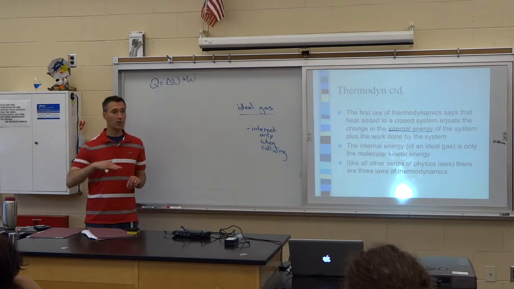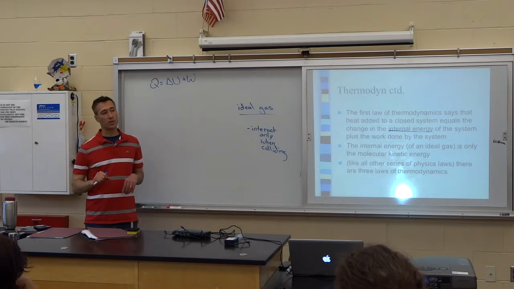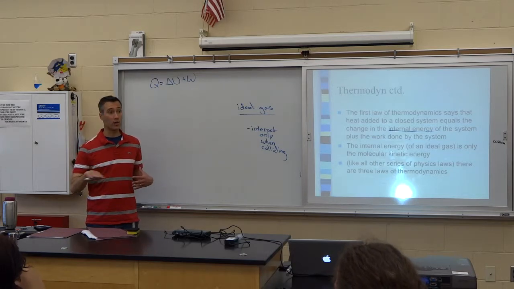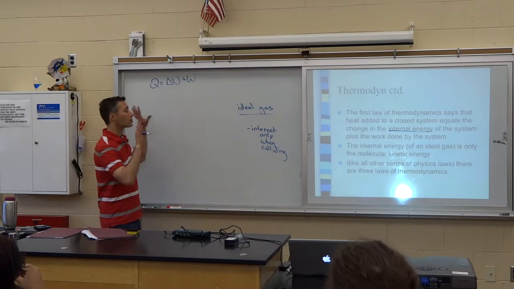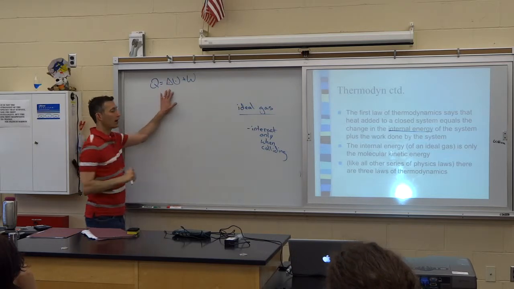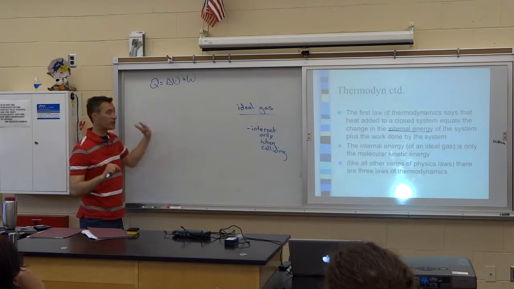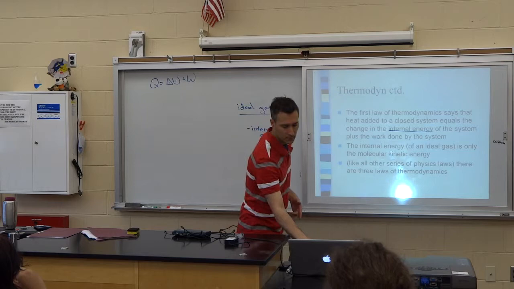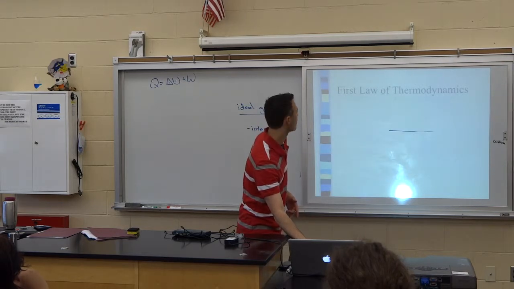So there is no potential energy. All of the internal energy of an ideal gas is in the form of kinetic energy, no potential energy at all. So if we're dealing with ideal gases, this delta U for a change in internal energy should only manifest as a temperature change. All right, let's keep going, then I'll pause for questions.